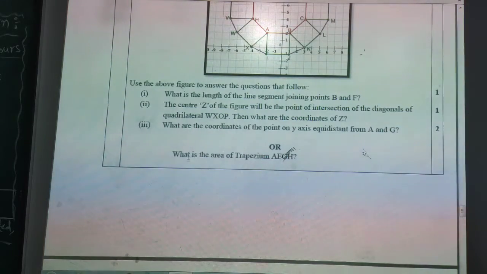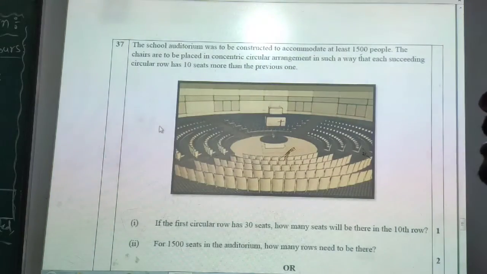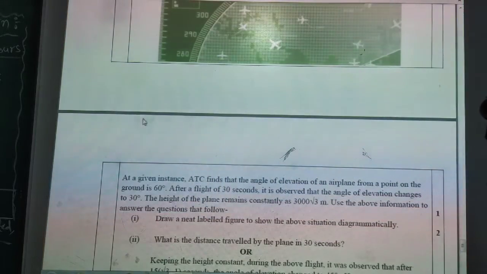We have a choice for the 2 marks question. Total we have 3 questions: 1 mark, 1 mark, 2 marks. So the 2 marks question will have choice. Like this we will get the 3 case based questions, 36, 37, 38. Total 38 questions are compulsory to attempt.